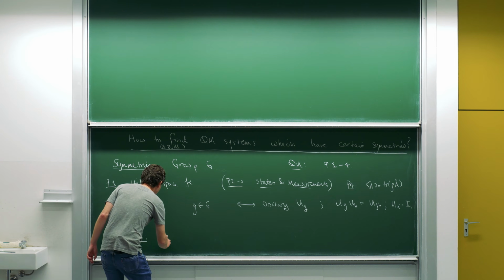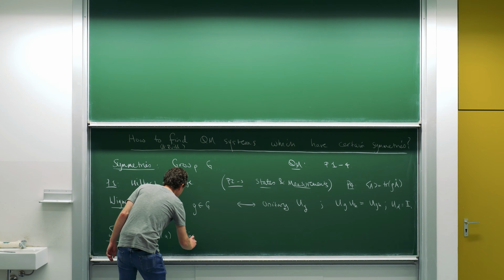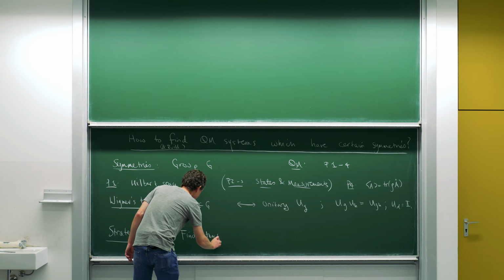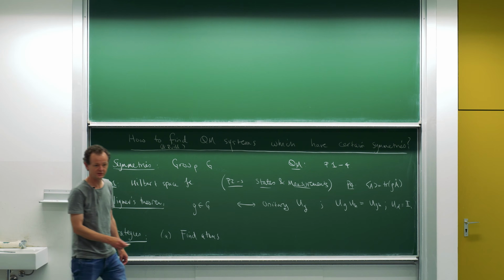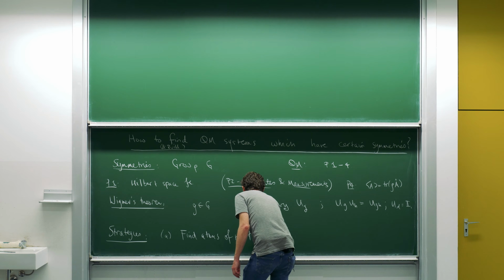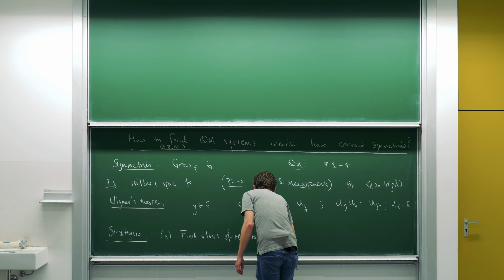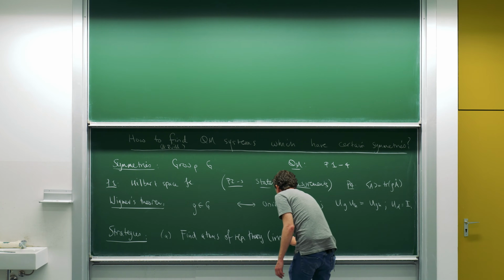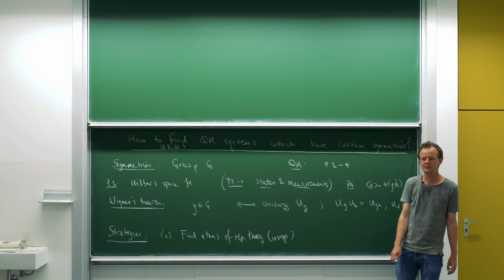So the first strategy you might do is, find the atoms of representation theory. They have a name, they're irreducible representations, right? We've already defined these things.